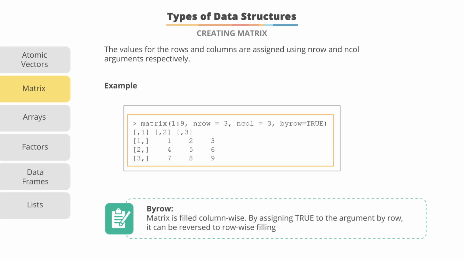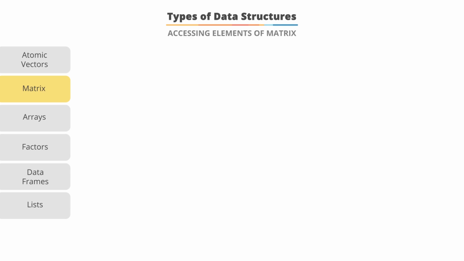Now, because we specified byrow equals TRUE, it is filling that by row. So you see 1, 2, 3, 4, 5, 6, 7, 8, 9 across. However, if we didn't include that, or we had byrow set to FALSE, then 1, 2, 3 would be in the first column, 4, 5, 6 would be in the second column, 7, 8, 9 would be in the third column.